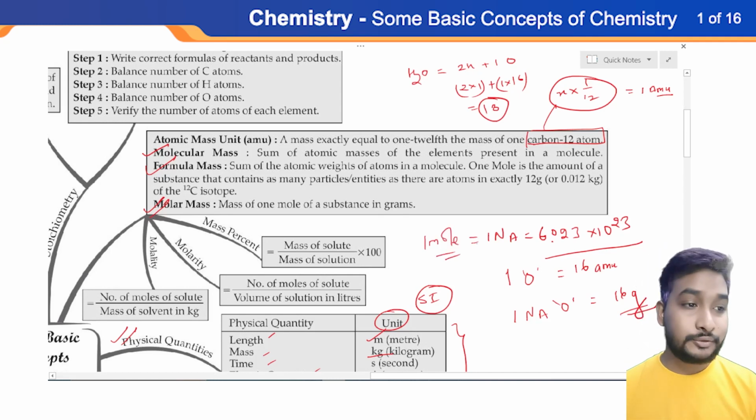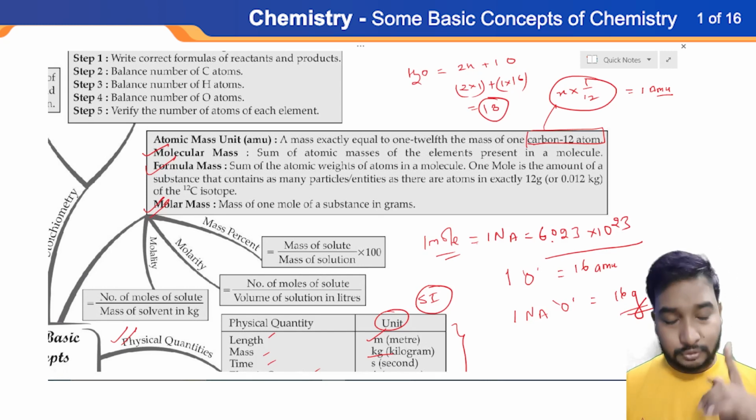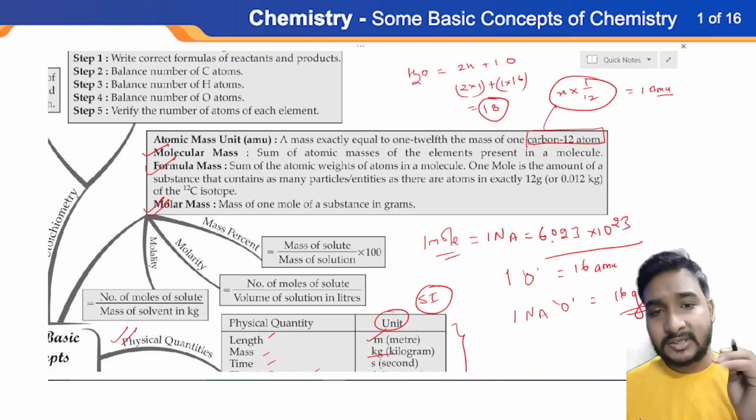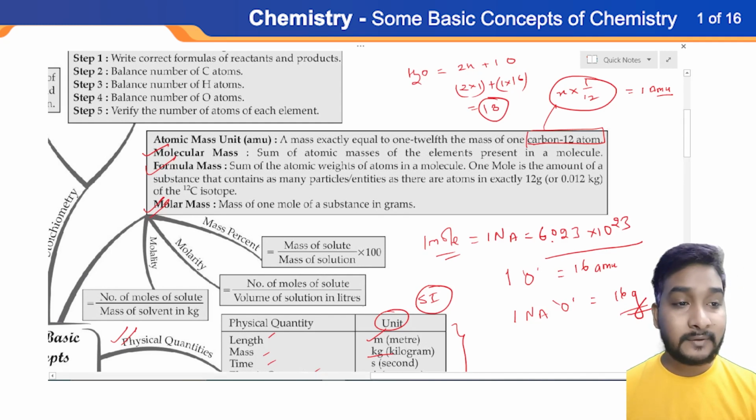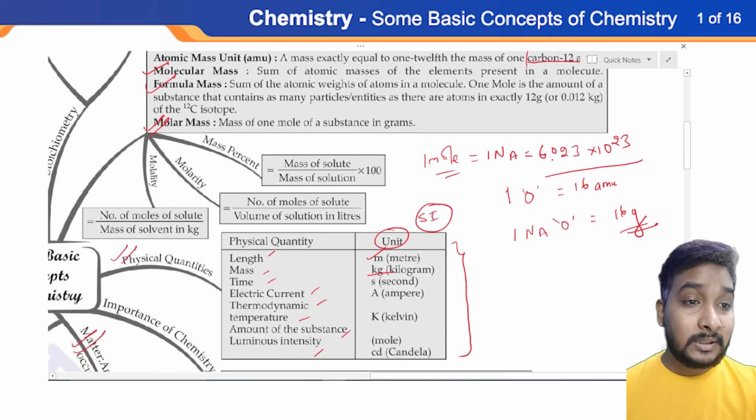This is very important, you should remember that. Okay, so the molecular mass or atomic mass of any substance, atom, or compound in terms of 1 mole is called molar mass. Okay, so molar mass is the mass of 1 mole of a substance in grams, as written on the screen.